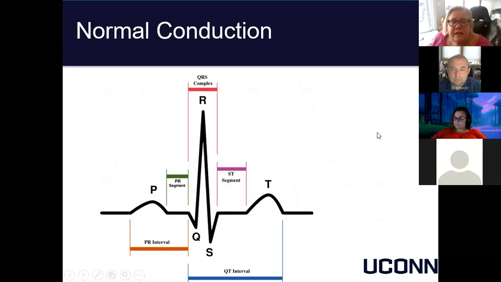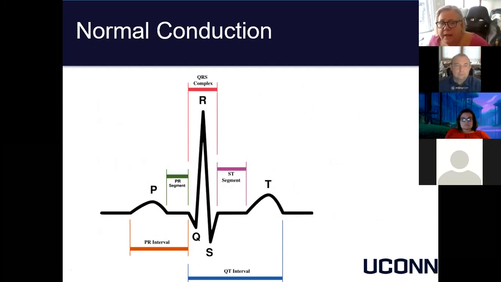So this is a great picture of how to measure the different aspects of your QRS complexes. And again, it's lead II because it's so easy. There's your P wave. Your PR interval begins at the beginning of the P wave and extends to the beginning of the Q wave.